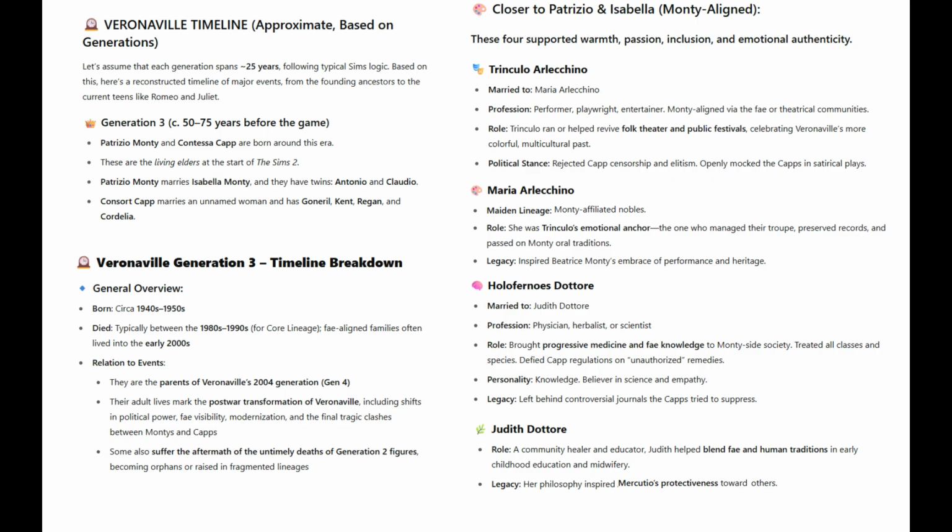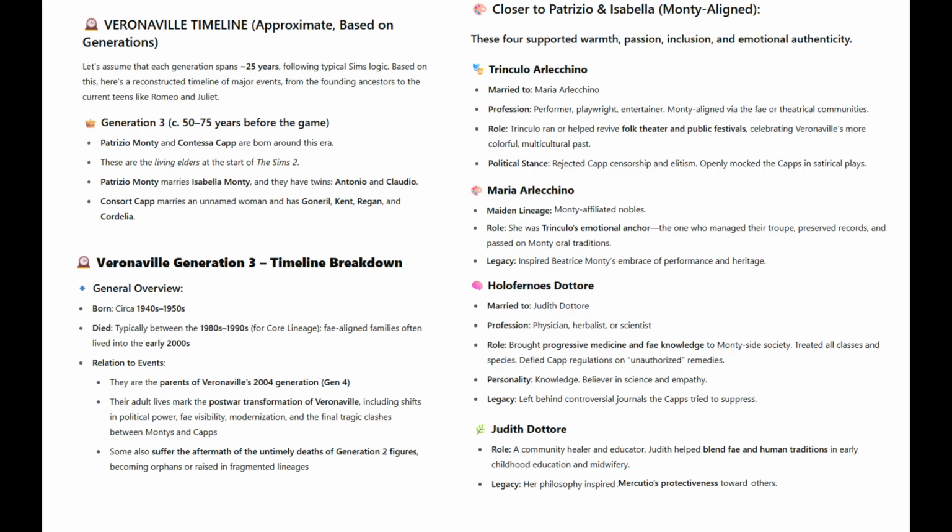Now we are moving on to the Monty side, which includes the Arlecchino and the Totoro families. So with the Arlecchino family, we have Tranquillo Arlecchino and Maria Arlecchino, who will become Hero's parents.